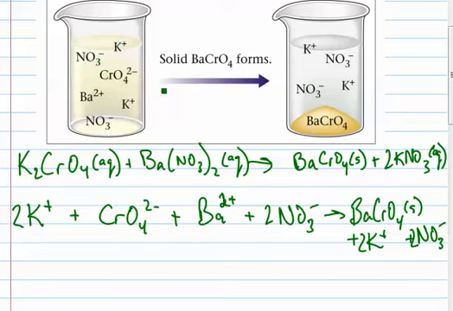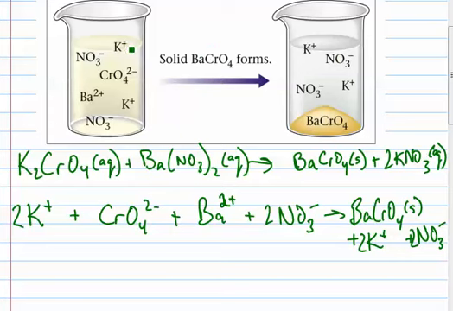Okay. Now, when we look at this equation, we see that we start off with all of these ions that are present in solution, and at the end we have a solid product, and we still have these potassium and nitrate ions that are in solution. Now, these potassium and nitrate ions are not actually participating in the chemical reaction. They are what we call spectator ions. So they are present at the beginning initially to balance the charge of their counter ions.